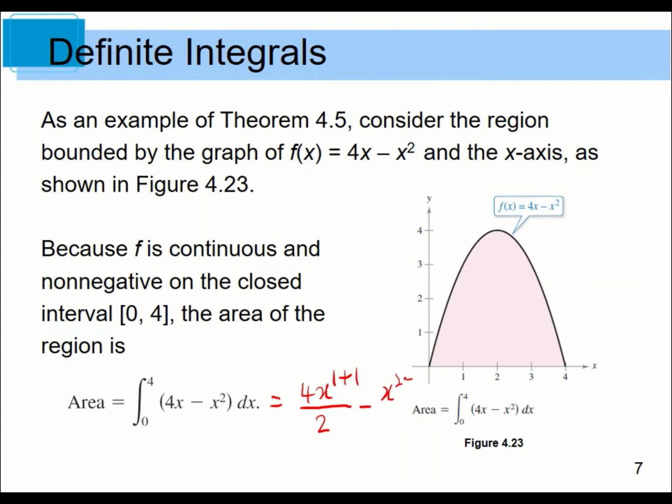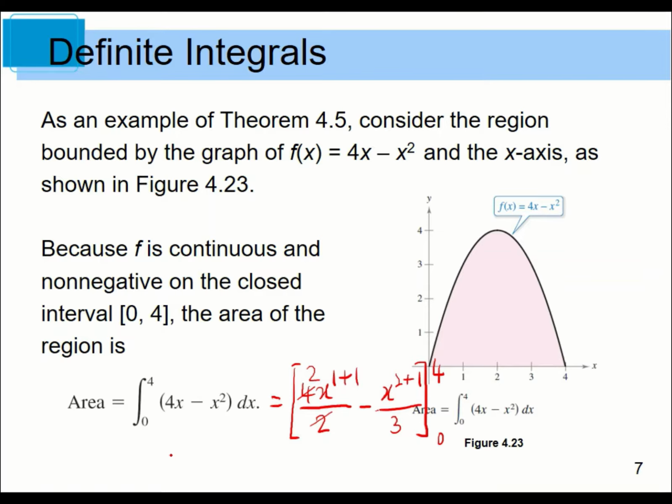So the power is 2 plus 1, and now the power is 3, so divided by 3. Now when we integrate like this, we put the limits behind after we integrate. When we simplify, 4 divided by 2 is 2, so we have 2x squared minus x to the power of 3 over 3.